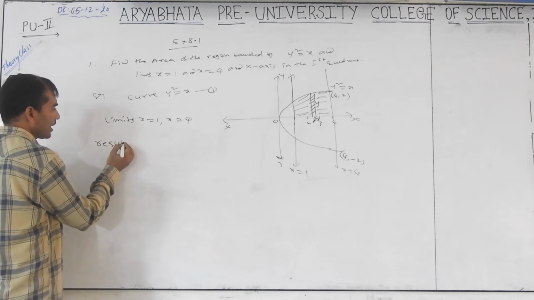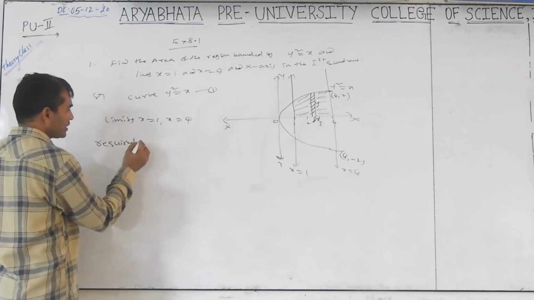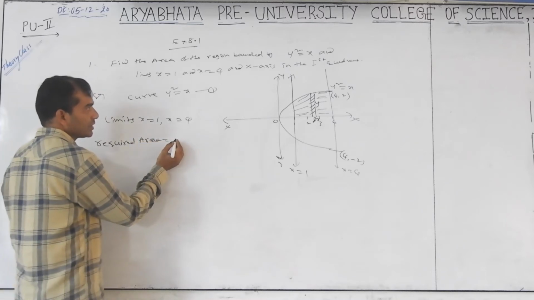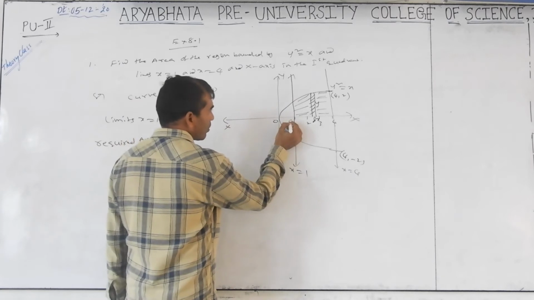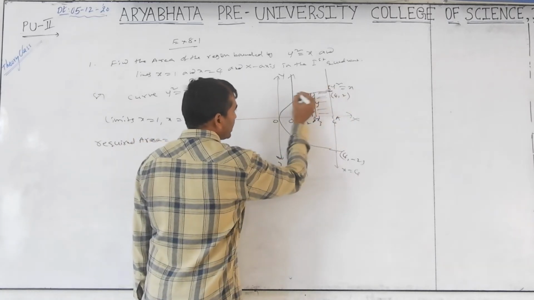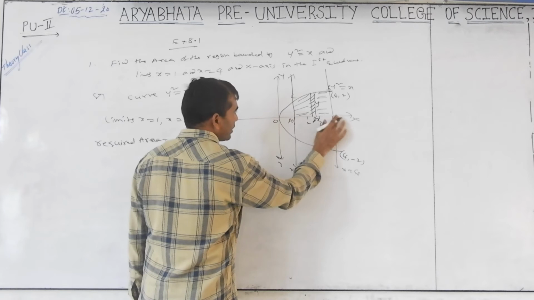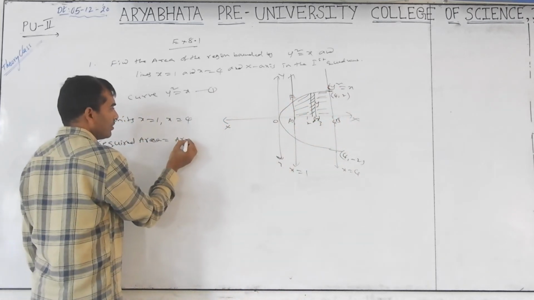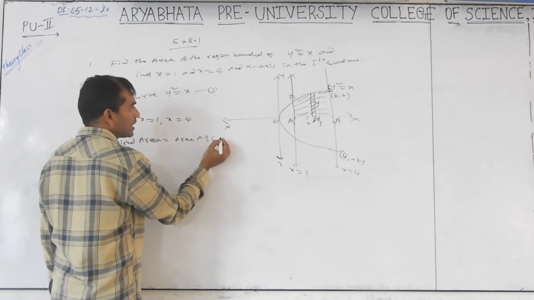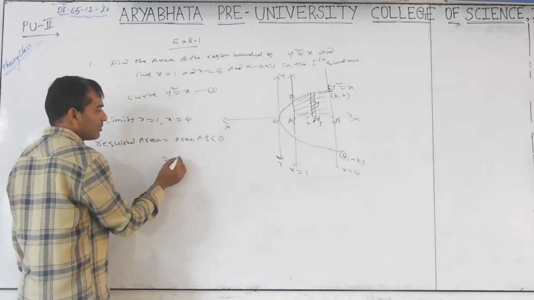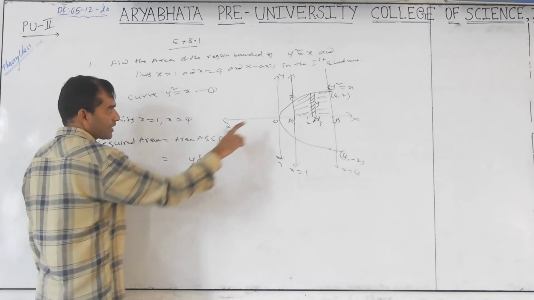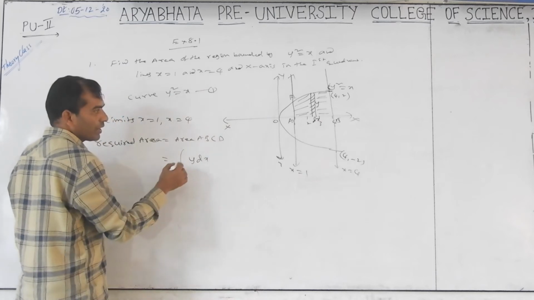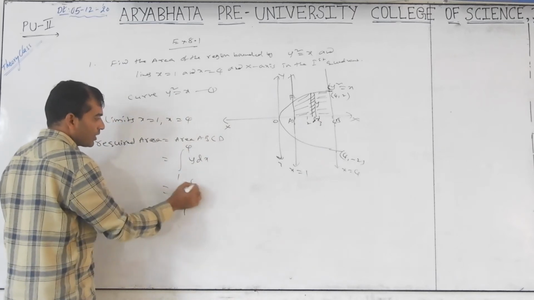The required area, which is represented by the shaded part, is equal to the area of ABCD. Y dx is a small rectangle area. Integration, the boundaries are x equal to 1 to 4. Integration of 1 to 4 y dx.